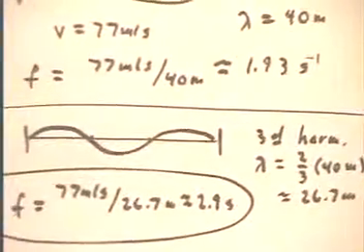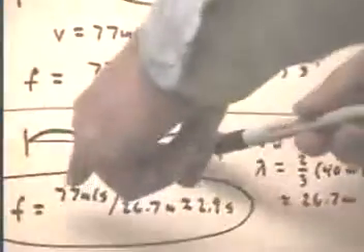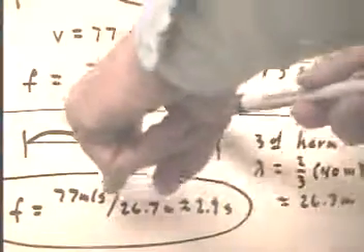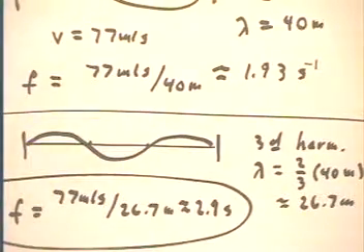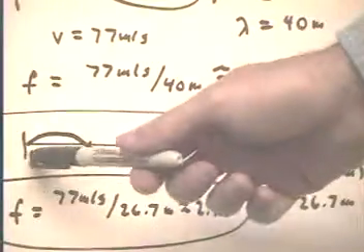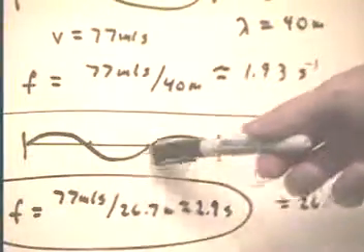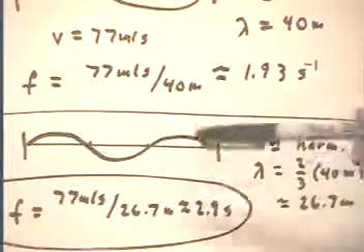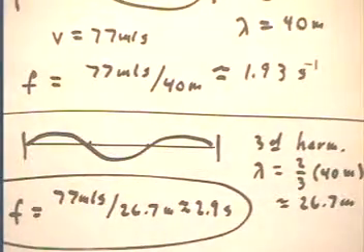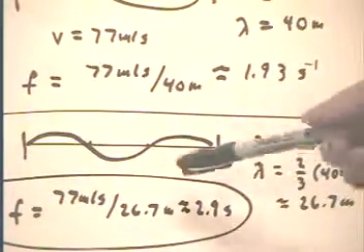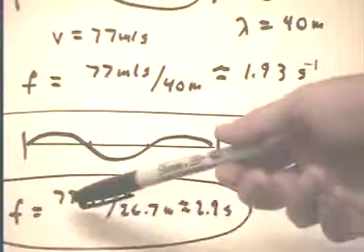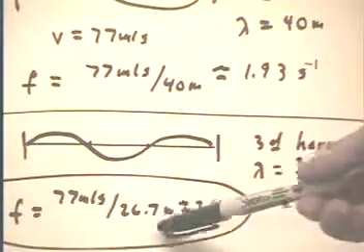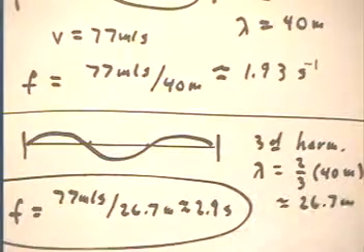The third harmonic is the one where these two ends are moving together while the middle is moving opposite to either of the ends. We can see that the third harmonic occurs when 1.5 complete waves fit into the 40-meter length of the string, so that the wavelength is 2/3 of the string length, 2/3 of 40 meters being 26.7 meters, so that the frequency is 77 meters per second divided by 26.7 meters, or 2.9 per second.